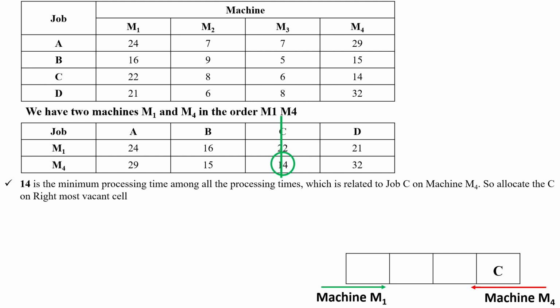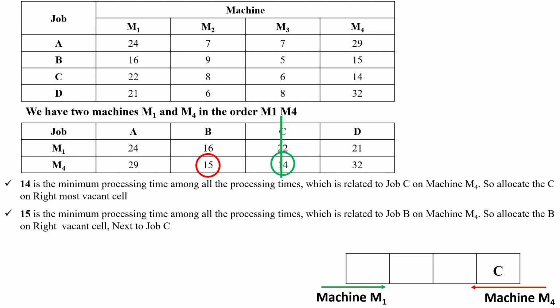So next we have to observe the minimum processing time among all the processing times. So here 15 is the minimum processing time among all the processing times, which is related to job B on machine 4.